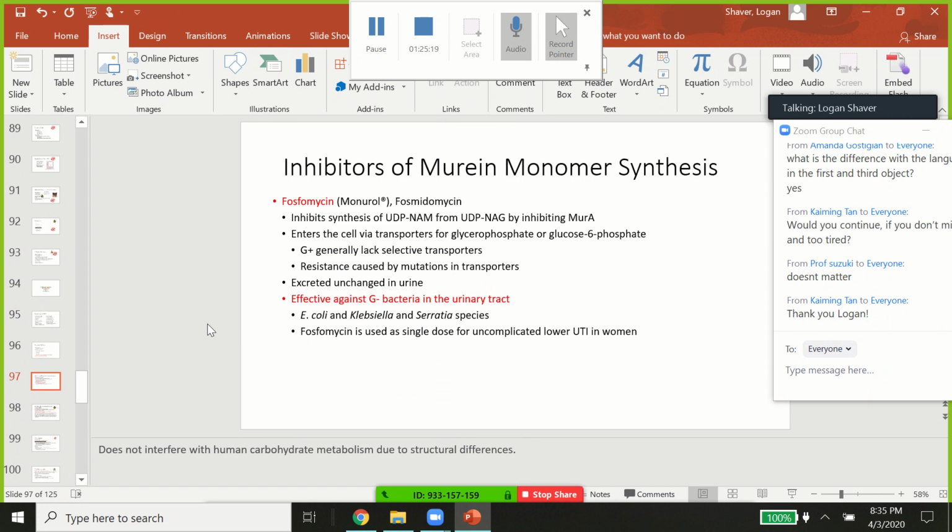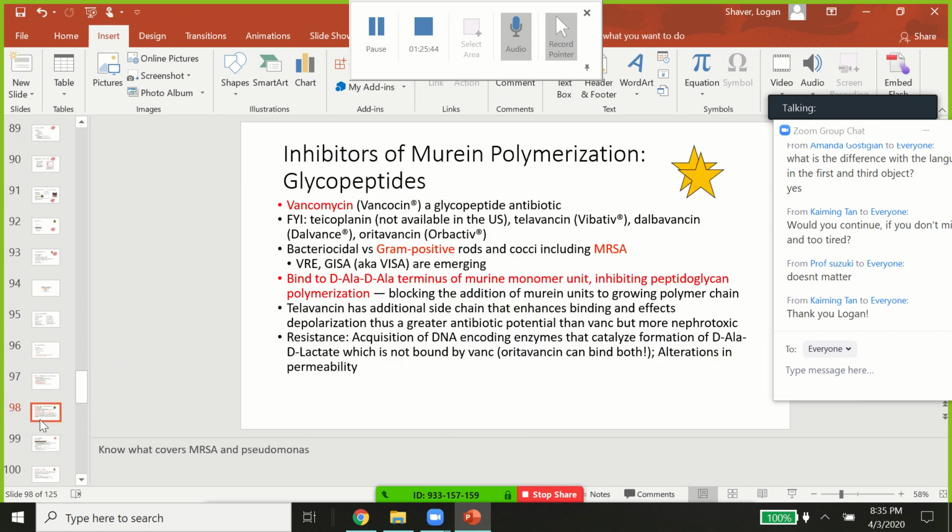The other thing in red here is that it's effective against gram-negative bacteria, specifically in the urinary tract. Say a female comes in with a UTI. The one you're commonly going to use is fosfomycin, because the most common bacteria for UTI is E. coli.